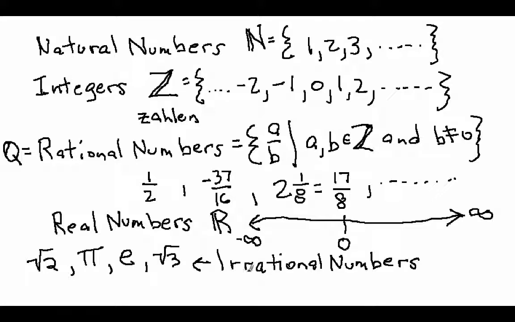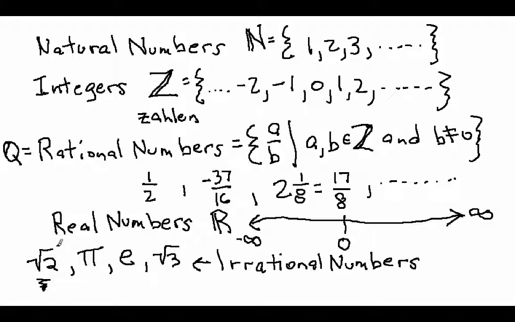So if we were looking for a definition of irrational numbers, we could say that irrational numbers are real numbers that can't be expressed as an integer divided by another integer. And we will show later on, we'll pick a couple of these out. Square root of 2 is a pretty easy one. We'll show that this is irrational, okay?